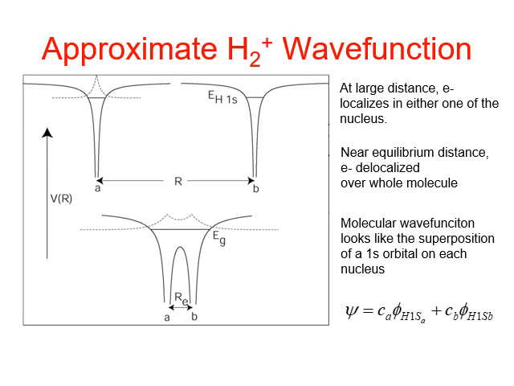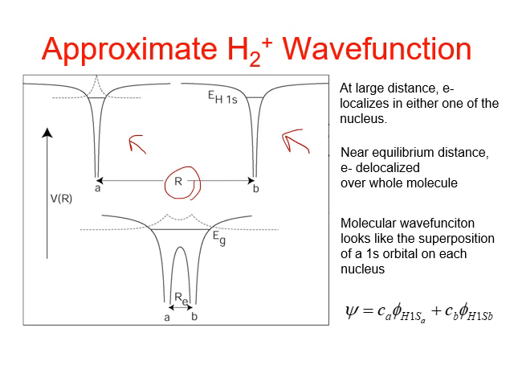Here shows a comparison of the molecular wave function and the atomic wave function. When the distance between the two nuclei is large, we see two isolated atomic wave functions or orbitals.